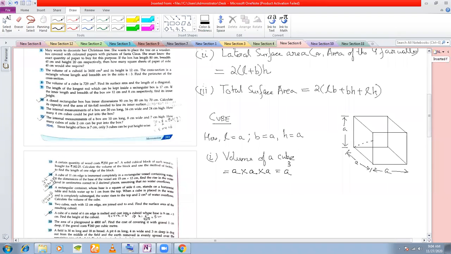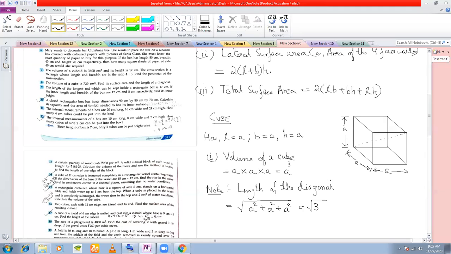Next, length of the diagonal. If you join these two vertices, what is the length of this diagonal? Length of the diagonal is equal to root over of L square, which is A square, plus B square, which is again A square, plus H square, which is again A square.